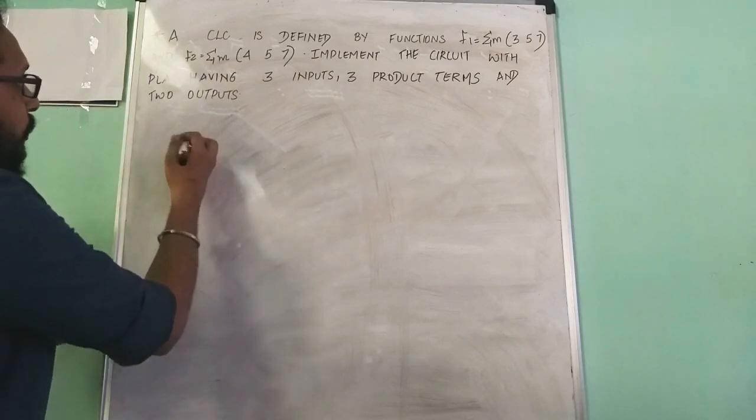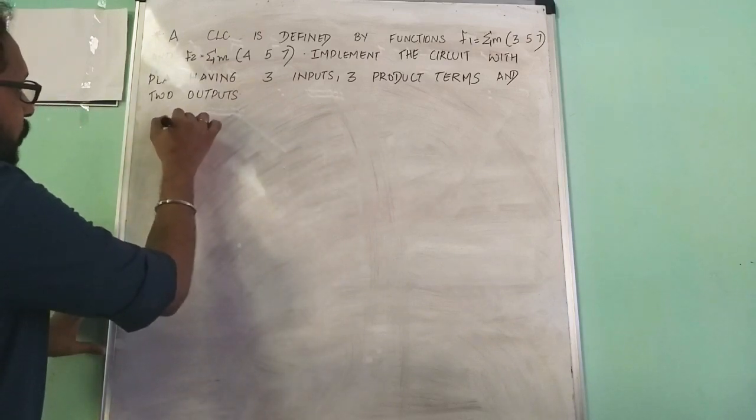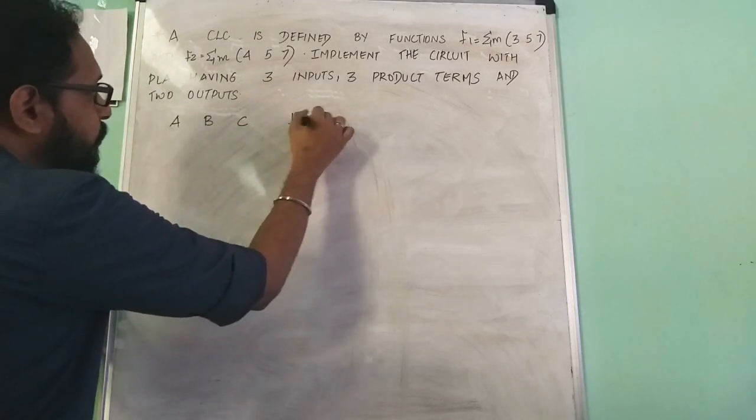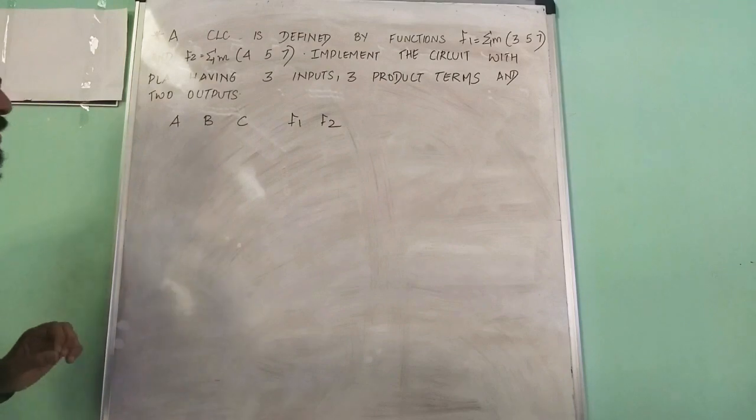So what will be the set of variables? We will give A, B, C, and we have F1 and F2. The value of F1 and F2 is given.